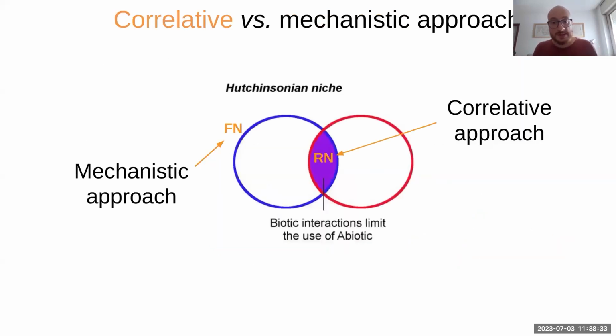Another approach is the so-called correlative approach, where, again, taking into account the Hutchinsonian concept, whilst the mechanistic approach focused mostly on the fundamental niche, the correlative approach focuses on the realized niche, so the overlap between the biotic interactions and the abiotic conditions.